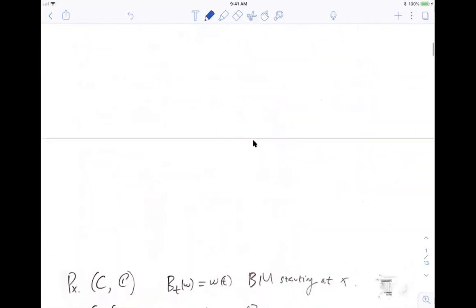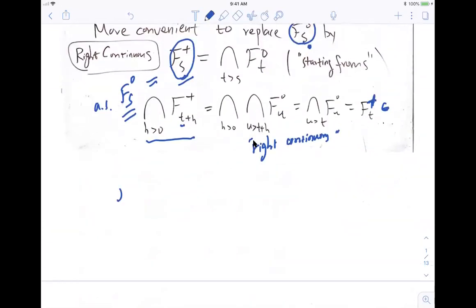You can think of F_s^+ as defined by a right limit. In the textbook it is called the germ field, the infinitesimal past under the future.